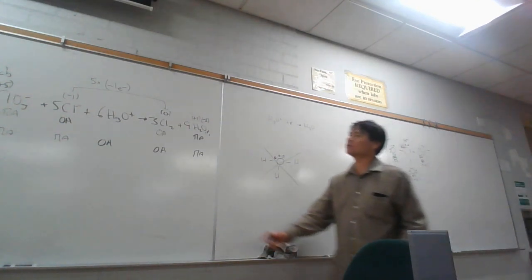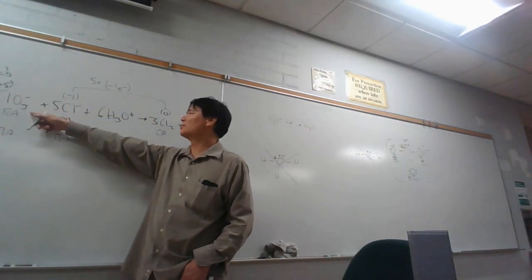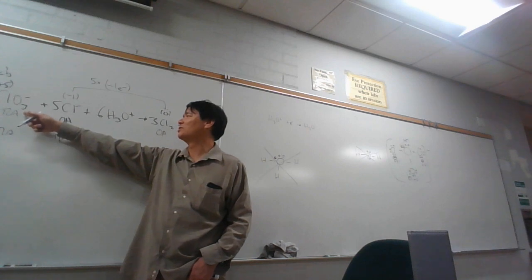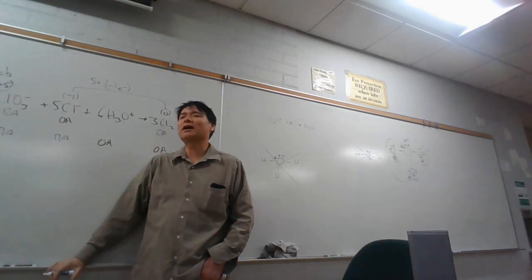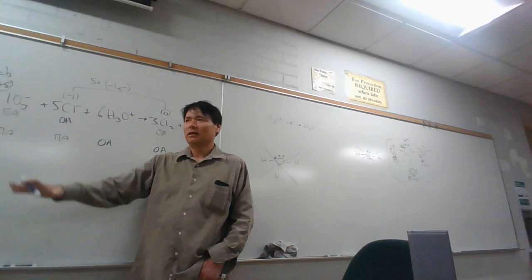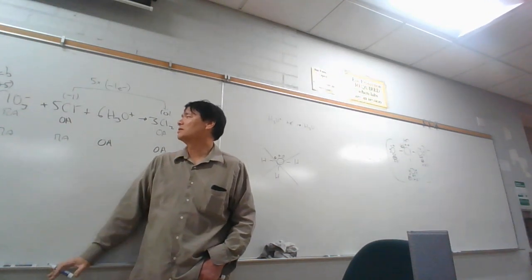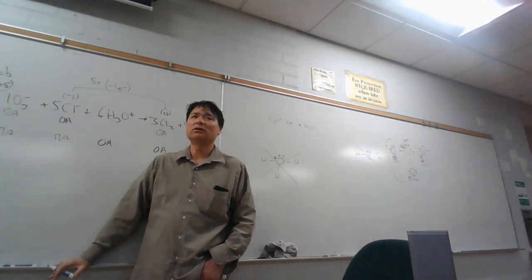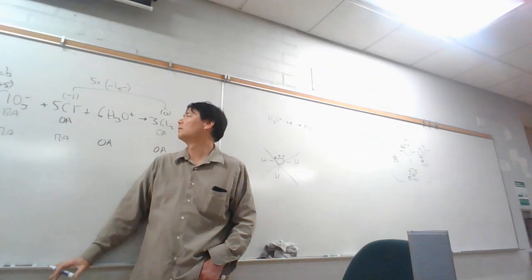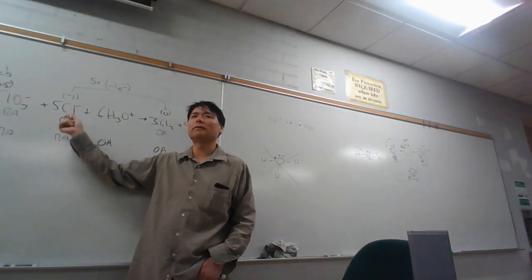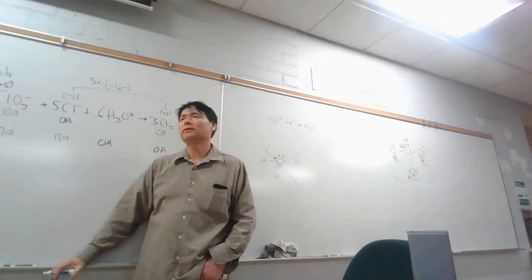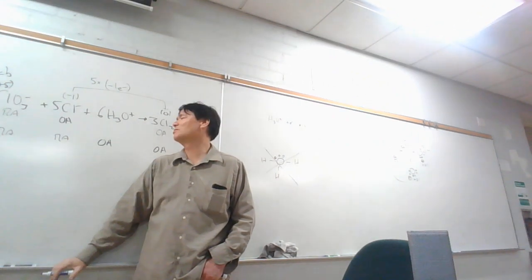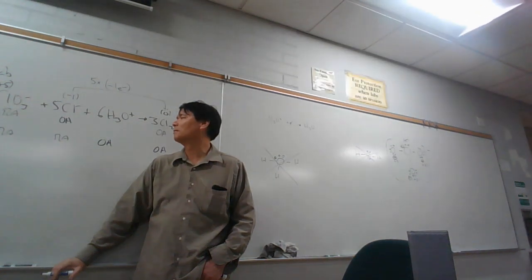Because we have 5 electrons being lost, and this one's 5 electrons short. And chlorine likes to actually have not 0 charge. Chlorine likes to have, what, -1 charge, like this. This is pretty stable, chloride. When we look at the redox chart, chloride doesn't want to lose that electron.